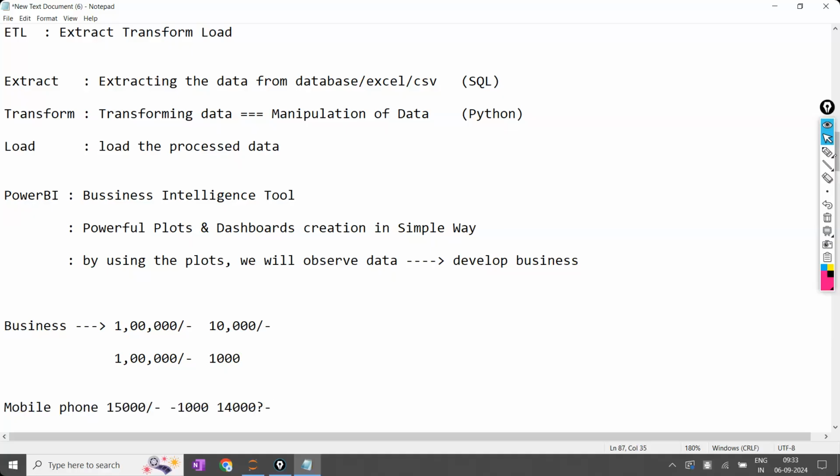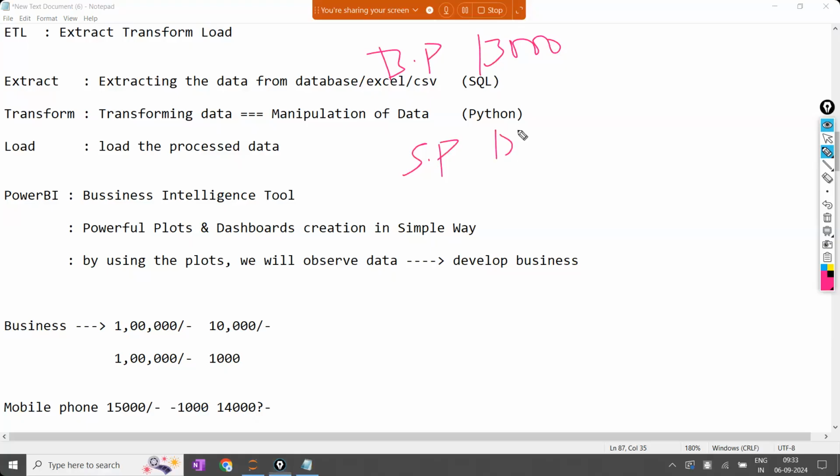Now let us fix the price. The buying price is 13,000. Generally, the selling price is 15,000 and they make a profit of 2,000. This is actual. But during the offer time, they reduce 1,000 or 1,500 and give it at 14,000 only.